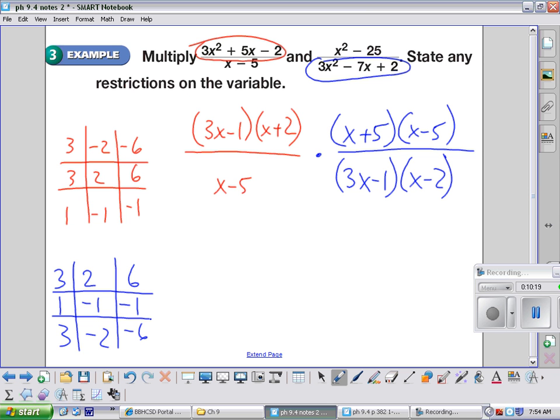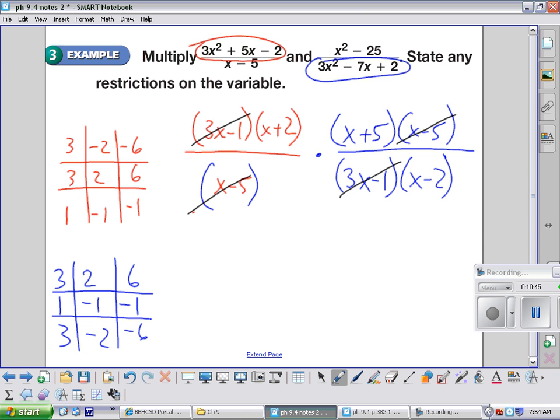Now, the nice thing here is all these factors I can cancel top and bottom because multiplication, again, it's like one big long setting that I'm looking at now, okay? So I can take this x minus 5, let's use black here, x minus 5, and this x minus 5 can go away, and this 3x minus 1 and this 3x minus 1 can go away, and that's basically it.